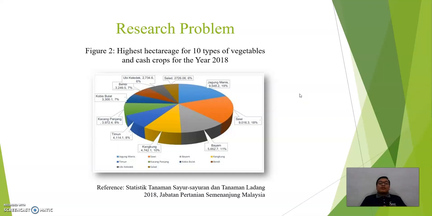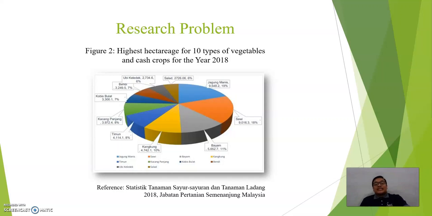Then, for the research problem of my proposal, which is what made me do this project, here I just put one figure. This figure shows the highest hectarage for 10 types of vegetables and cash crops for the year 2018.